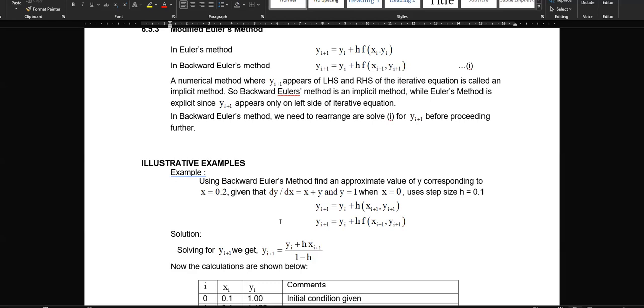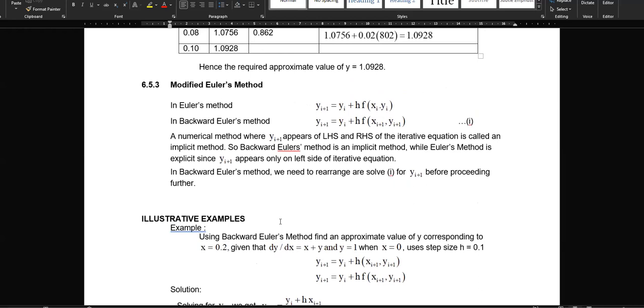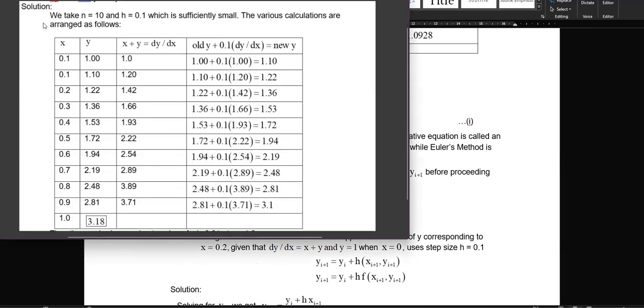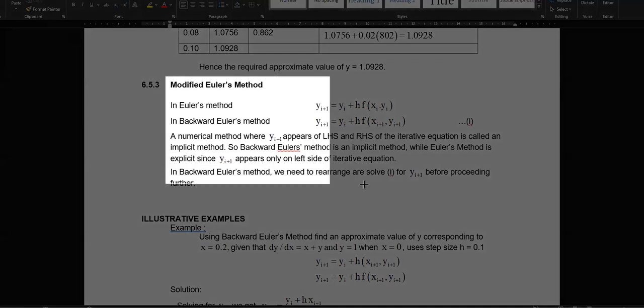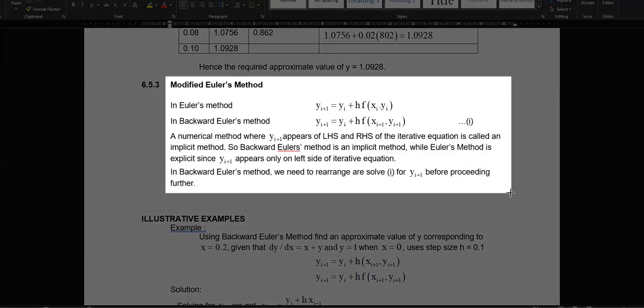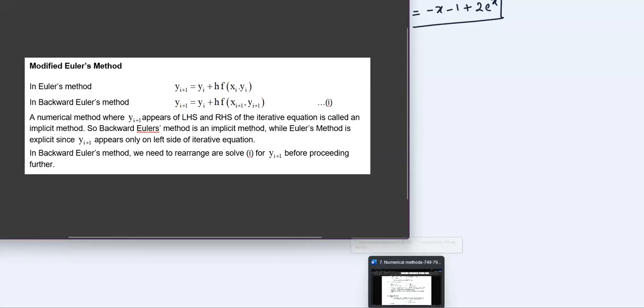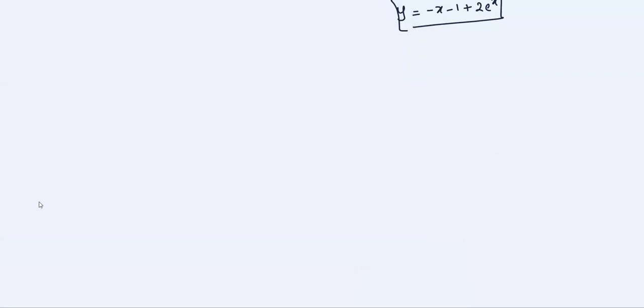Now, modified Euler's method. You observe this very carefully. Actually, there is one in between Euler's method, we are not using that. I'll explain this.